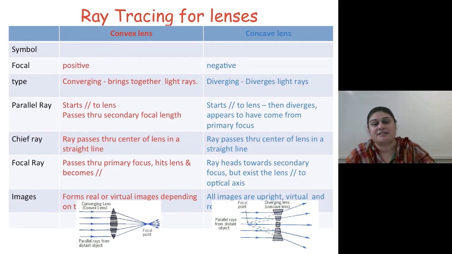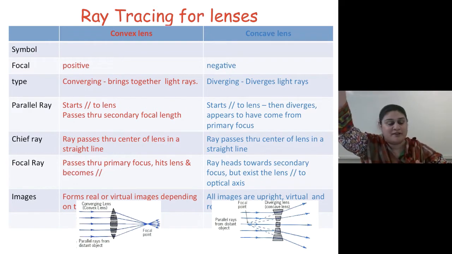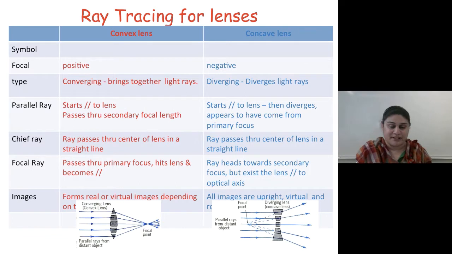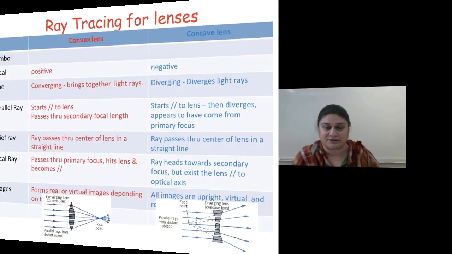For the concave lens, the parallel ray, again, begins parallel to the axis, diverges outwards, and then you have a virtual focal point that it appears to come from. The chief ray does exactly the same thing, goes straight through, and the focal ray will come and hit the focus and then become parallel to the axis.